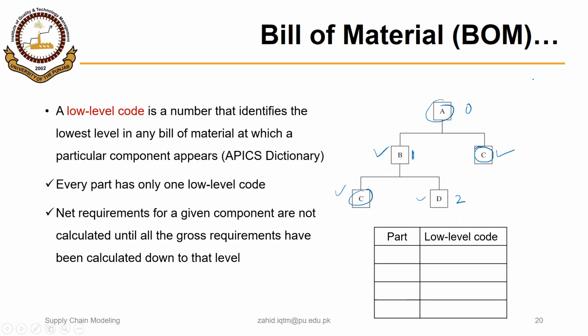It can have only one low level code, it cannot have two. So for A we will have low level code 0, for B it will be 1, and for C it will be 2. Low level code is the earliest when that component will be required. That is why we will have a low level code of 2 for C, not 1.